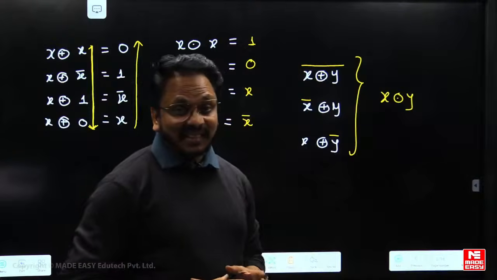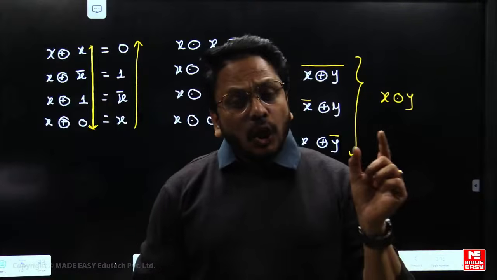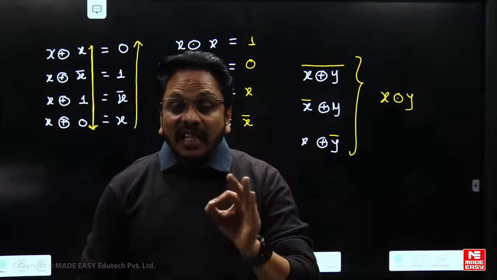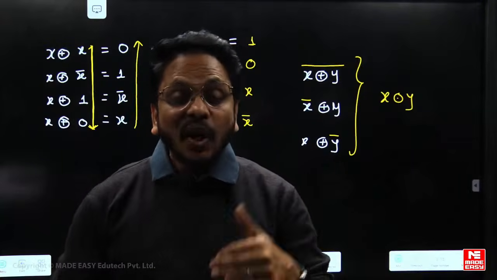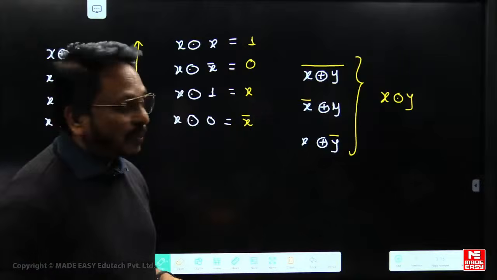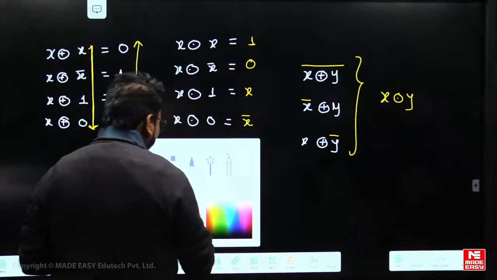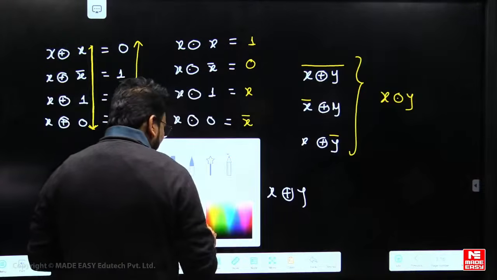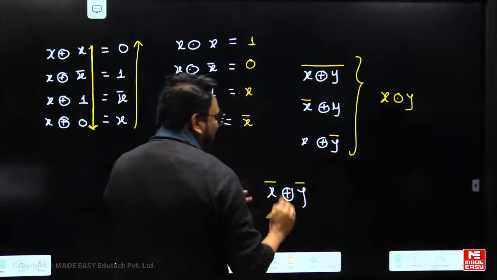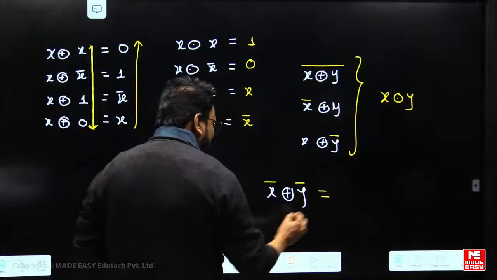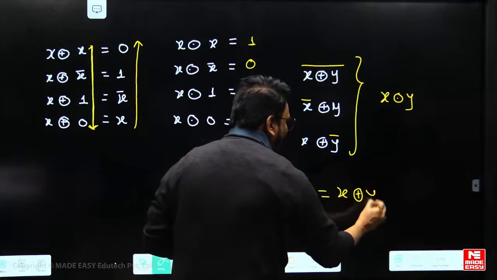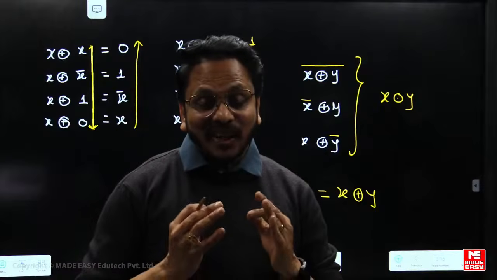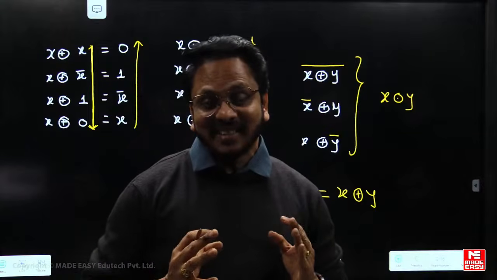You should remember that easily. If the total XOR expression is complemented, or any single variable in it is complemented, that is nothing but the XNOR expression. And one more thing: for X exclusive Y, if both variables are individually complemented, it gives the same expression, X exclusive Y. These are the things to remember related to XOR and XNOR gates.